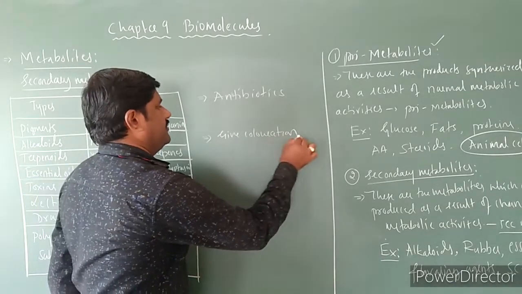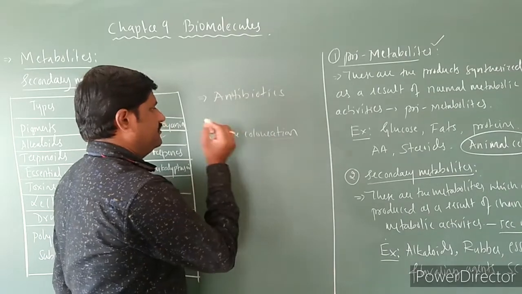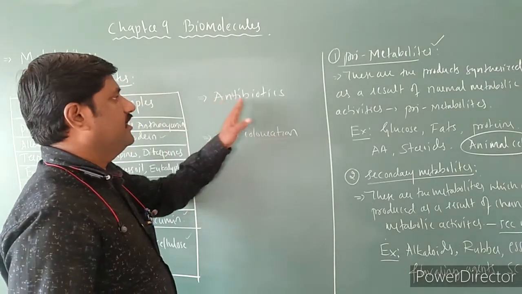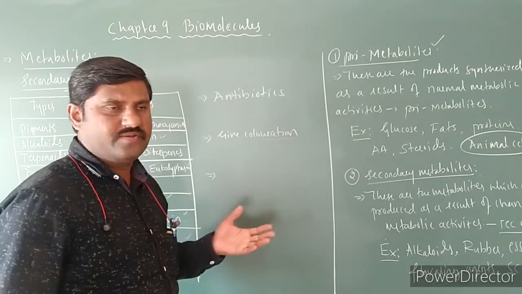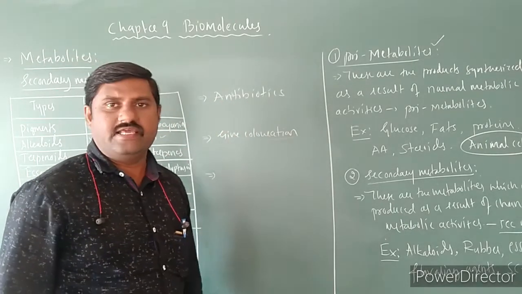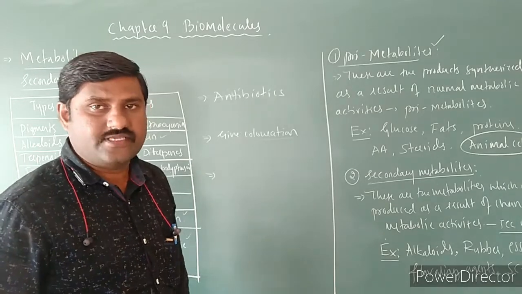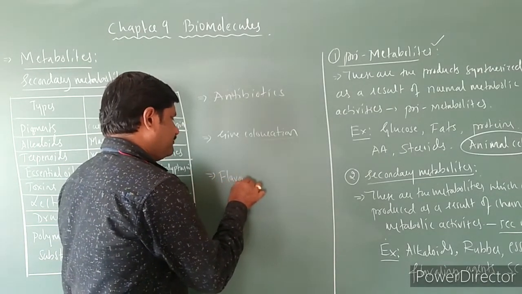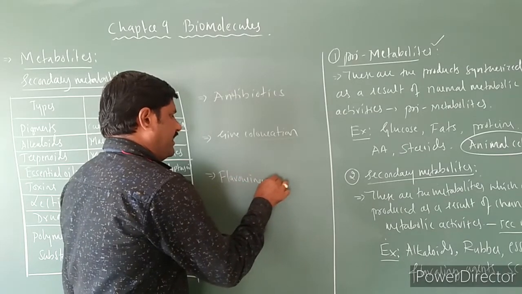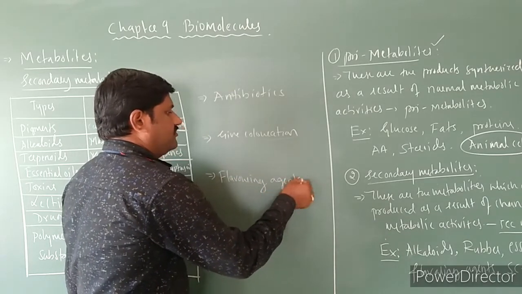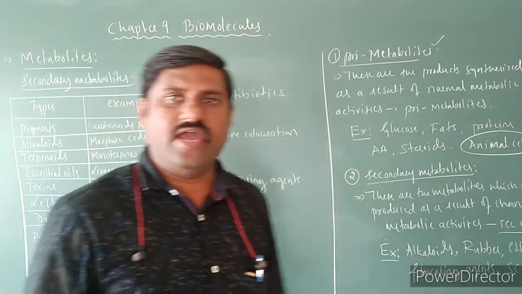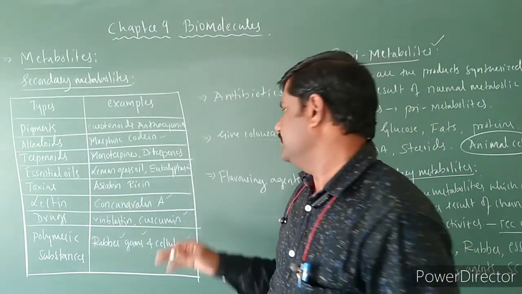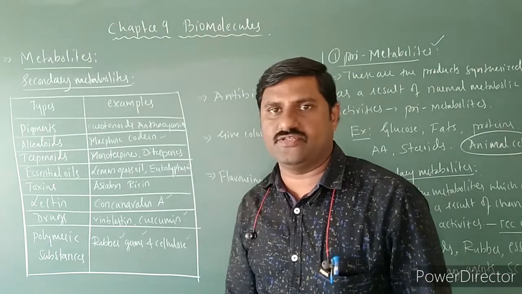So coloration provides pollination, right? So antibiotics are also secondary metabolites, coloring agents are also secondary metabolites, and even flavoring agents are secondary metabolites. Many such activities are carried out by these secondary metabolites, right?